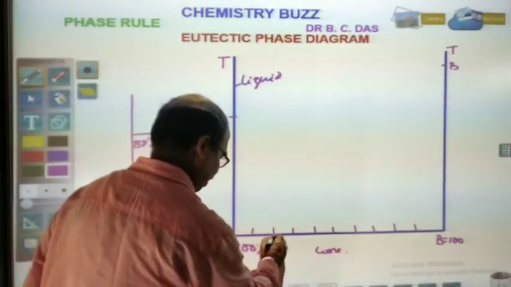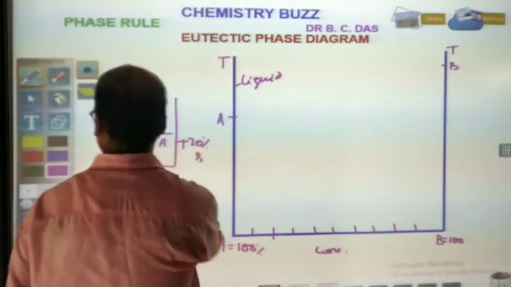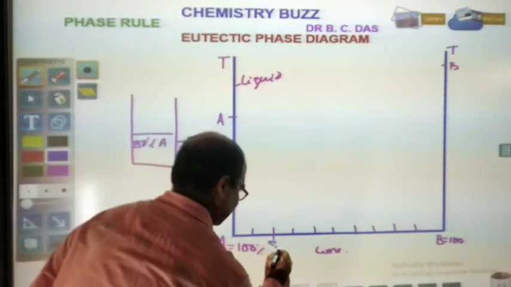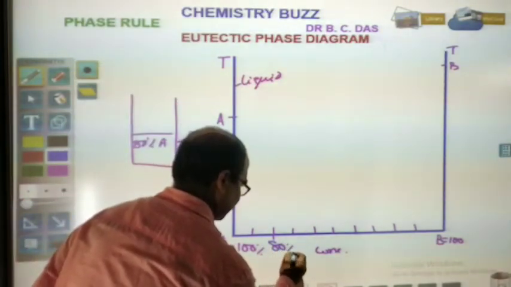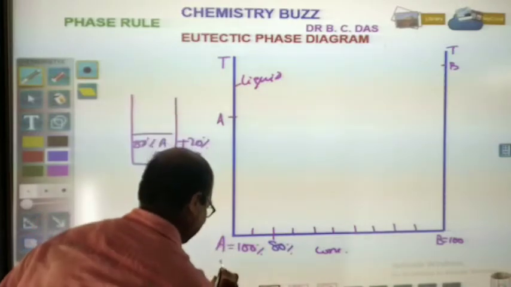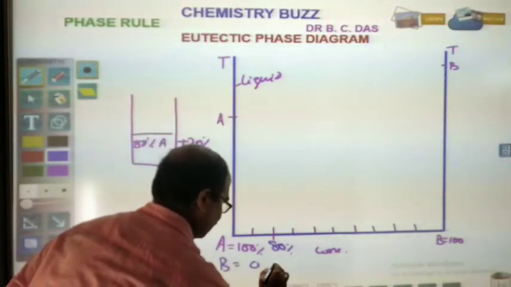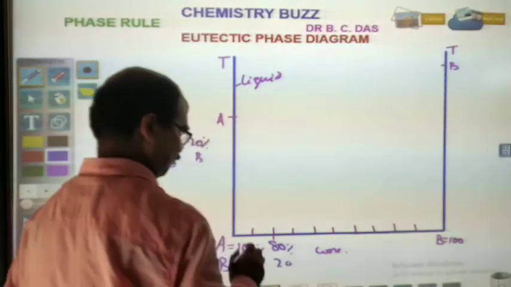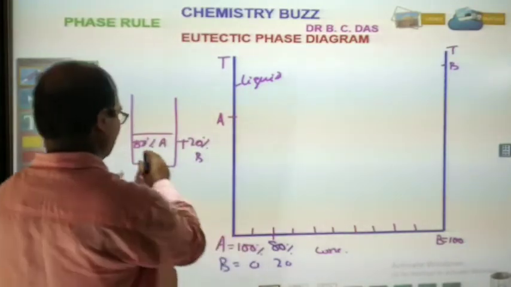So this composition corresponds to this point, that is 80% of A, and here B is 20.